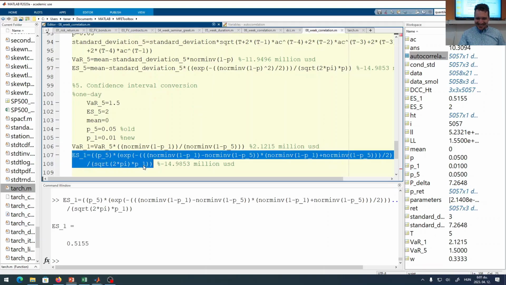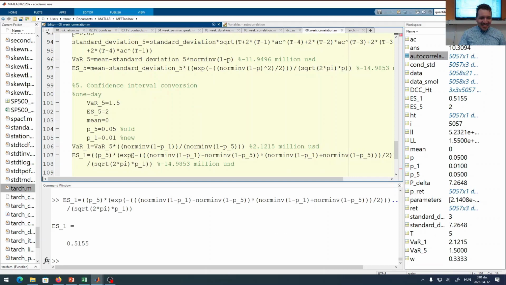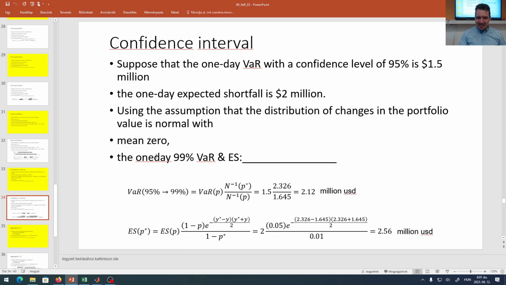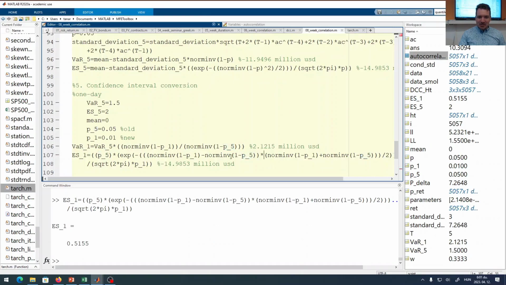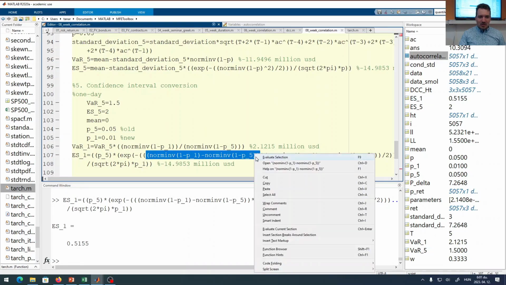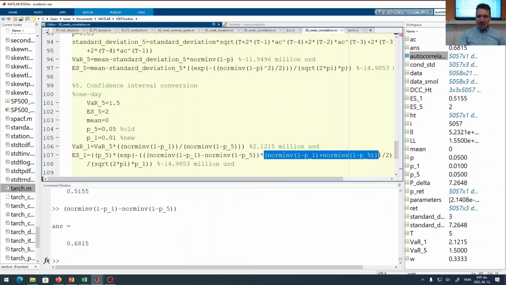Not even close. Okay, so let's check that. Okay, but this is multiplication, so it's good. So this part of the bracket is okay, this part of the bracket is supposed to be okay.